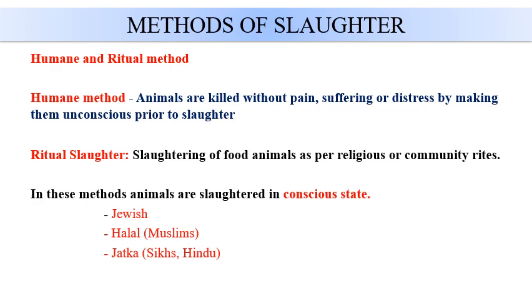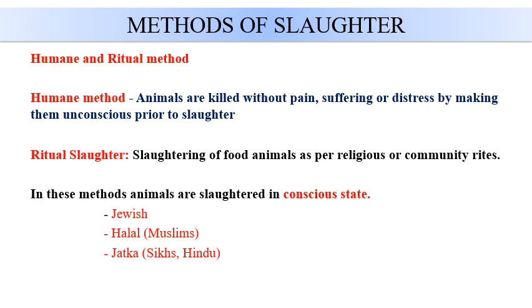So now we are going to see the methods of slaughter. There are basically two methods. One is humane slaughter, another is the ritual method of slaughter. Humane method means the animals are killed without pain, suffering or distress by making them unconscious prior to slaughter.